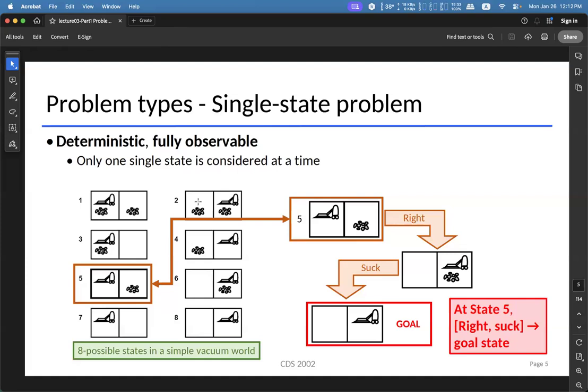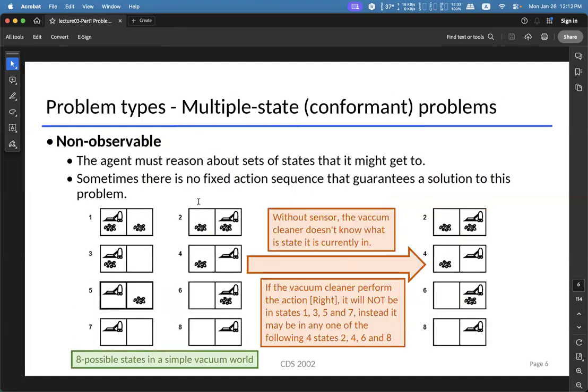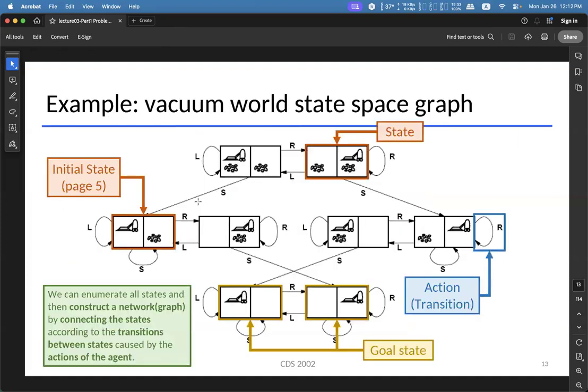Based on these two observations, we can convert any single state problem into a diagram like this. In this network, all the nodes are the states, or world configurations, and these configurations are connected to each other by arrows.